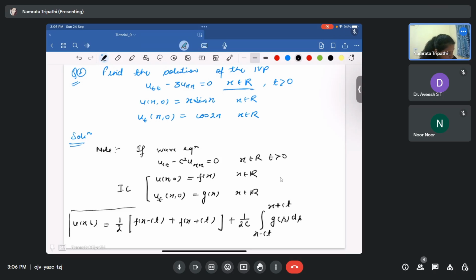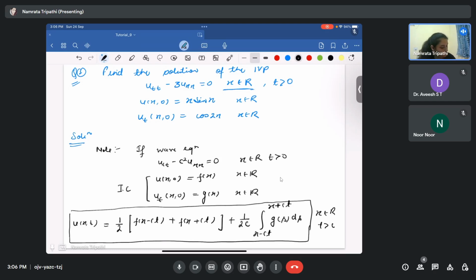The solution is known as D'Alembert's solution, where x belongs to R and t is greater than 0. Now you have to apply this formula on this question. What is f? f(x) is x sin x and g(x) is cos 2x.